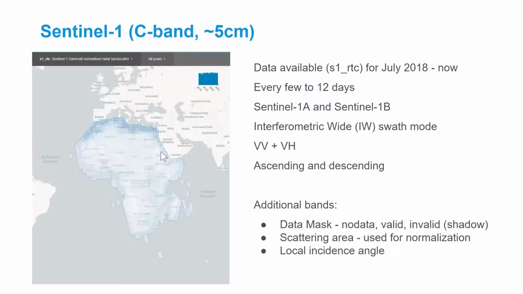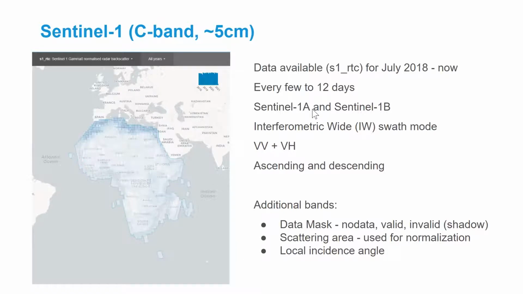If you squint, you can see the path pattern. The path is going this way from northeast to southwest. There are also passes going the opposite direction. So one of them is ascending and one of them is descending. So some of the areas are covered by both orbit directions, so it gets better coverage.